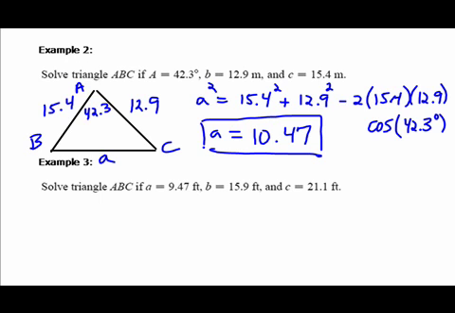So when I look at my three sides, I now know that A is 10.47. Which angle has to be the largest angle? C. Now, that's why we want to try to find B next.